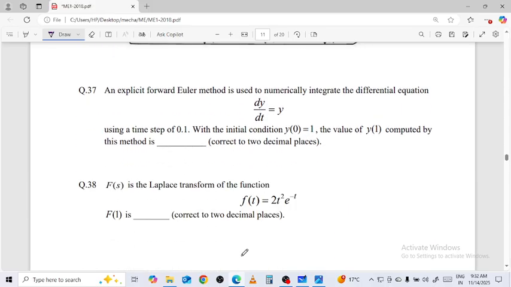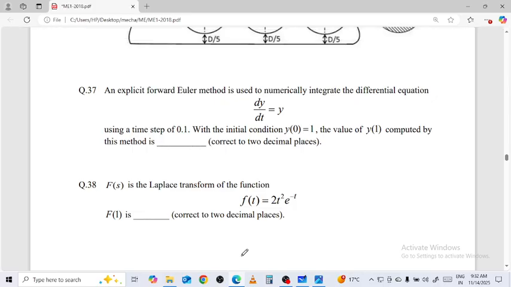Now move along. Have the next question over here. An explicit forward Euler method is used to numerically integrate the differential equation dy/dt is equal to y using a time step of 0.1 with the initial condition y0 is equal to 1.